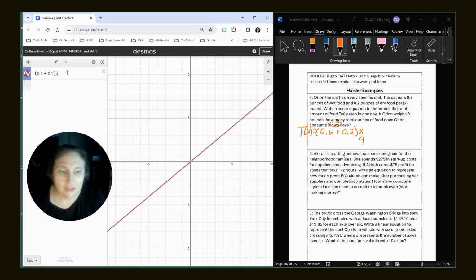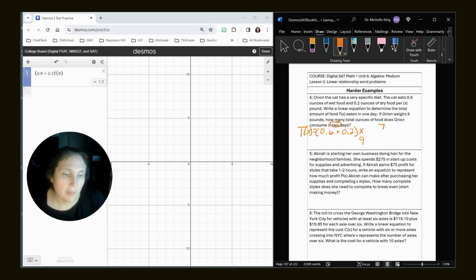That's why we follow along. But instead of x, we know the value is 9. So we know that she eats 7.2 ounces in one day. And because we want 2 days, you probably just know it's 14.4, but 7.2 times 2 is 14.4.